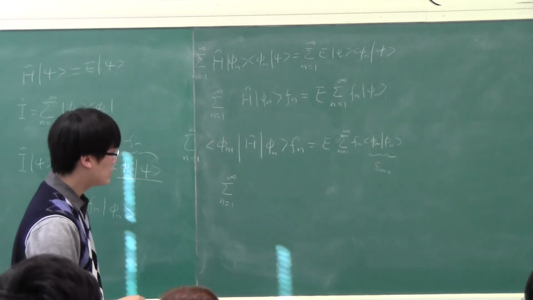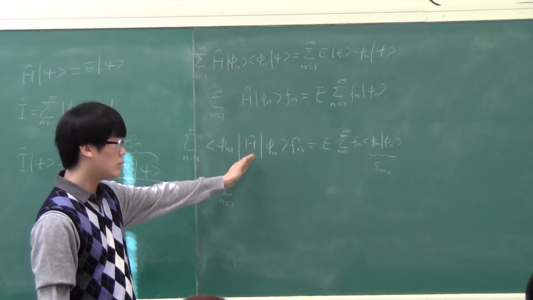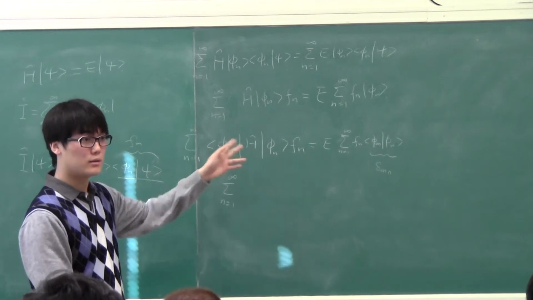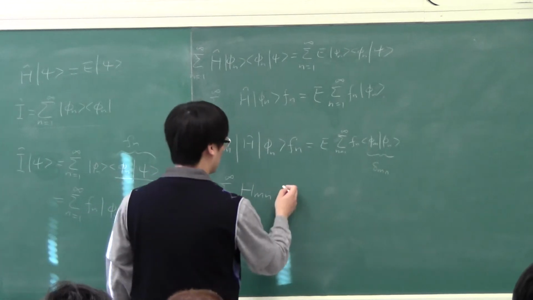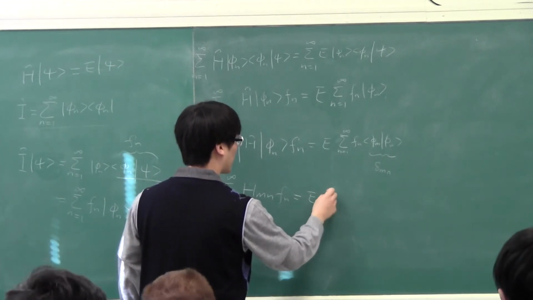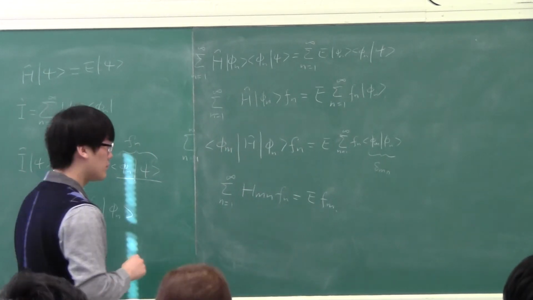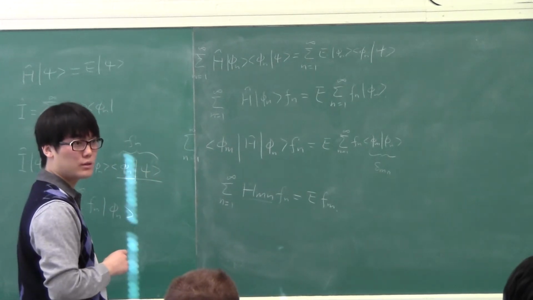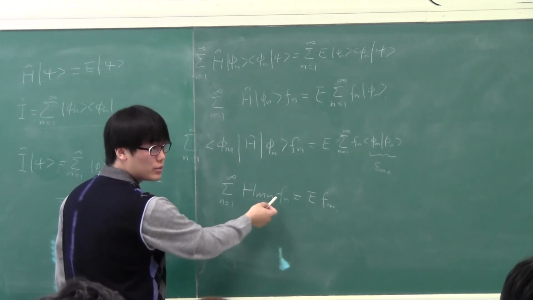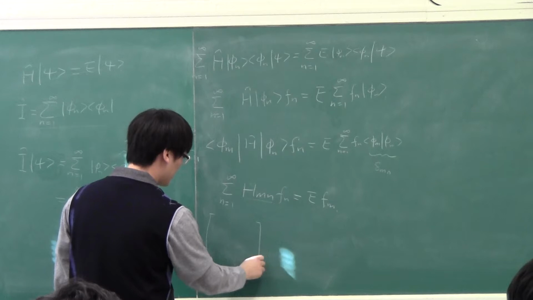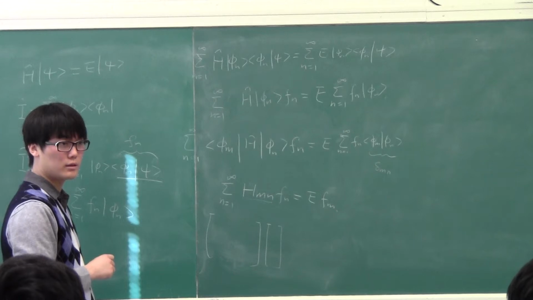Let me introduce a new notation. This is like the matrix element of the Hamiltonian operator when it's expressed on this basis. So this is just H_mn. Why do I say this is a component equation? If you now think about the Hamiltonian as a square matrix, a summation over H_mn multiplied by this is like multiplying a square matrix by a column vector.